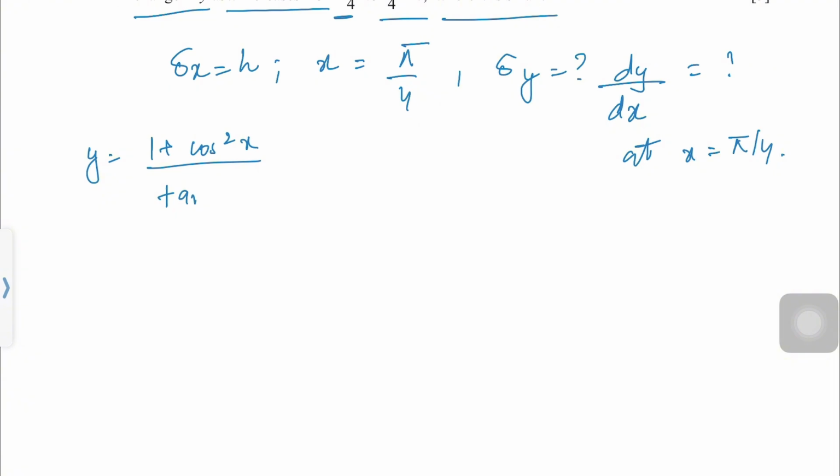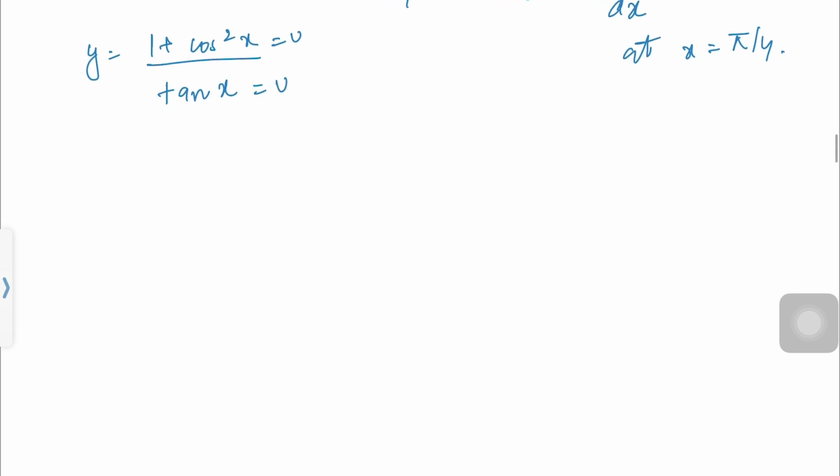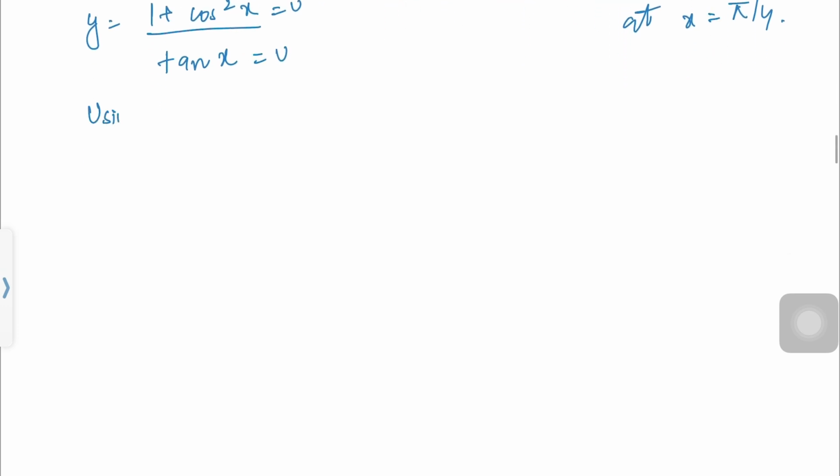We are given our function as y is equals to 1 plus cos square x over 10x, this would be, we'll be using quotient law here, where two functions are divided.